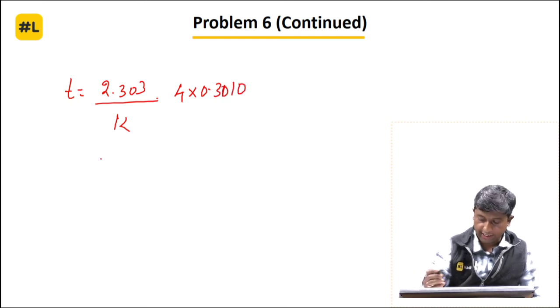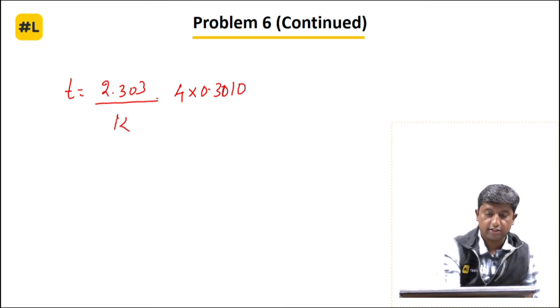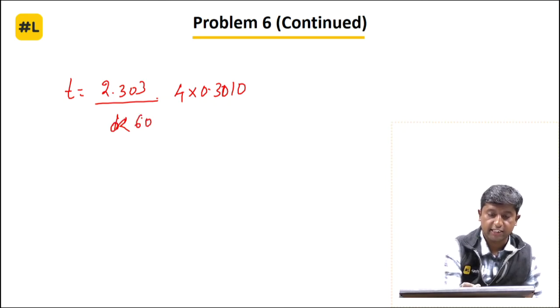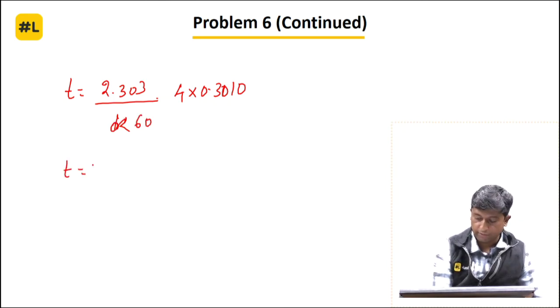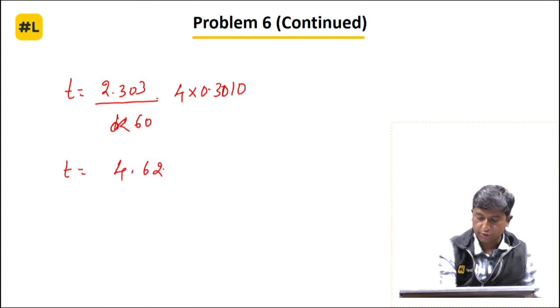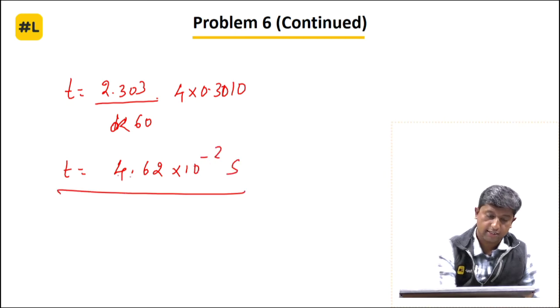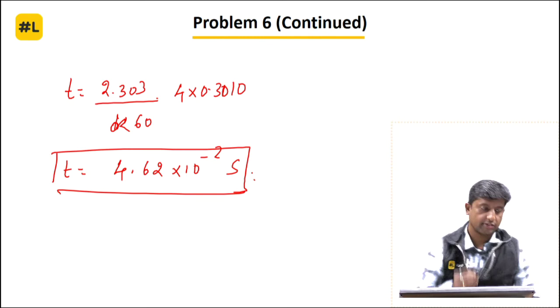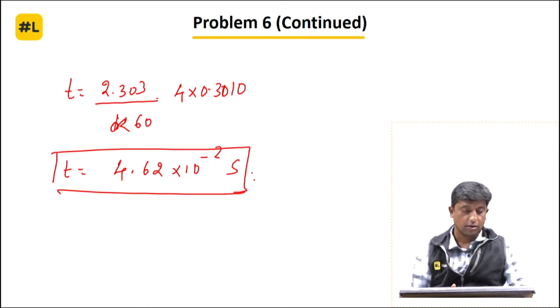The rate constant value here is 60. So, t will be equal to, the final answer which you are going to get is 4.62 into 10 power minus 2 seconds. This is the final answer for this problem. Okay.